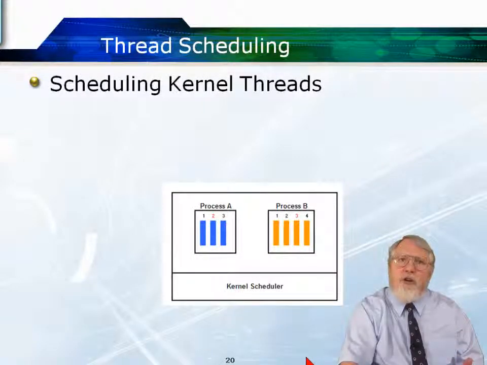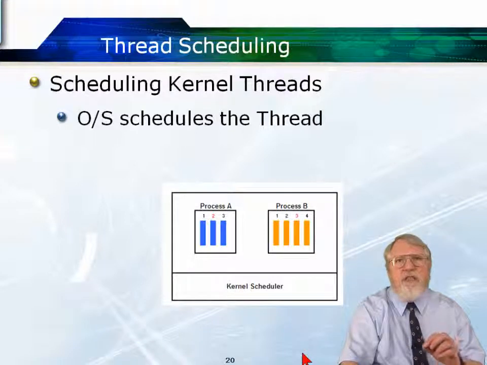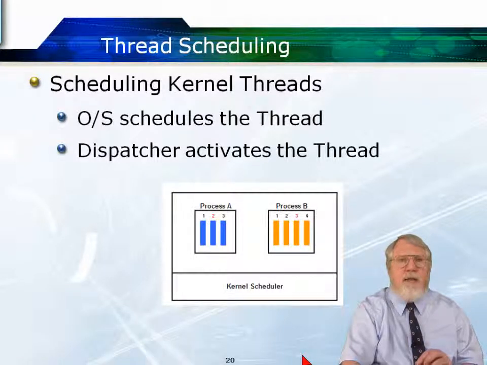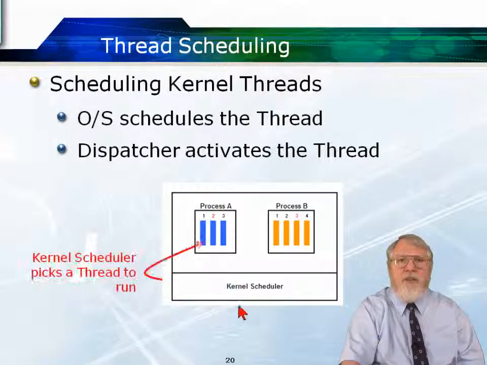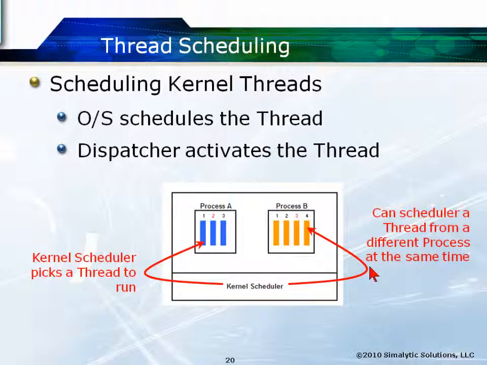Now, when we look at kernel threads and how they're scheduled, we can see that the OS schedules the thread directly. The dispatcher activates the thread, which means that the dispatcher can activate a thread in a different process on a different processor.